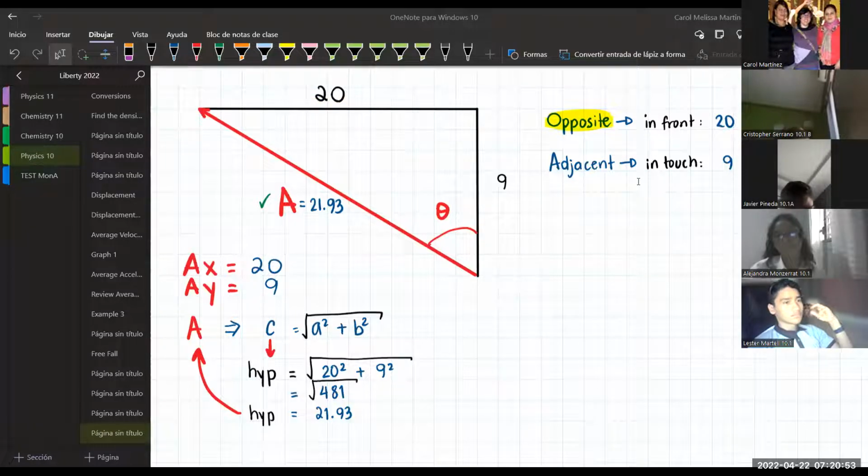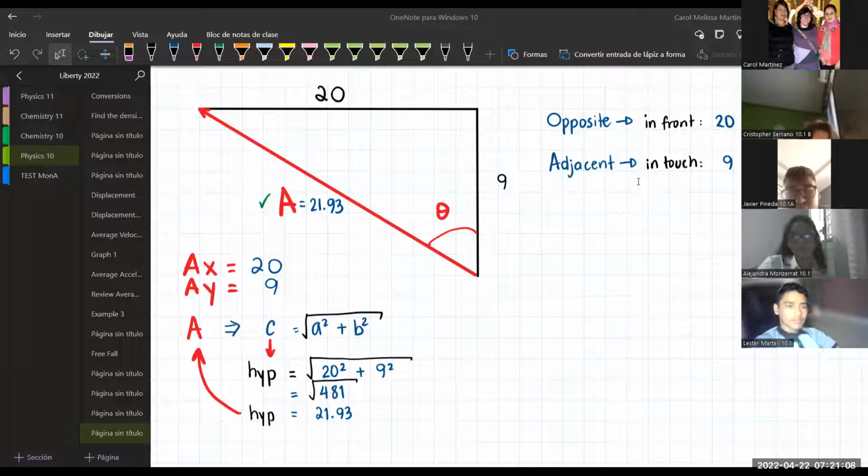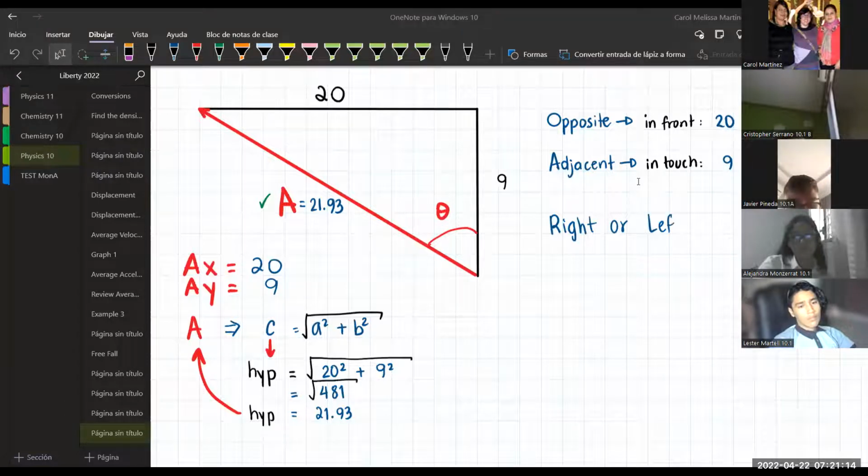Now, one more thing to analyze. What is the direction of the hypotenuse? Where is the hypotenuse going? Is it going to the right or to the left? Left and up. Right or left?